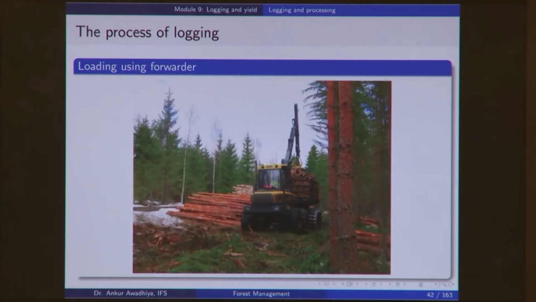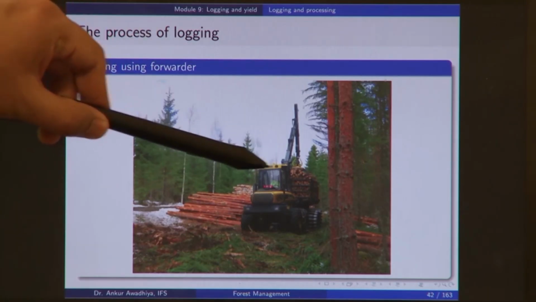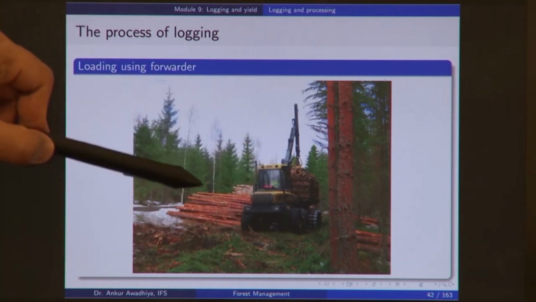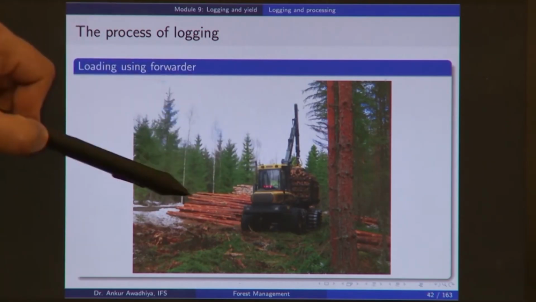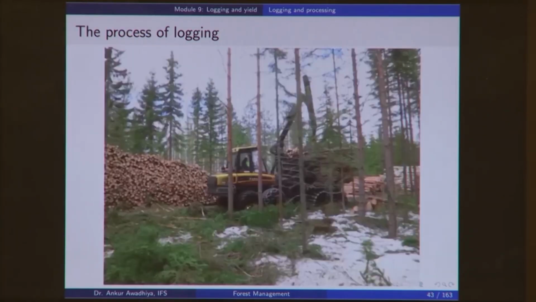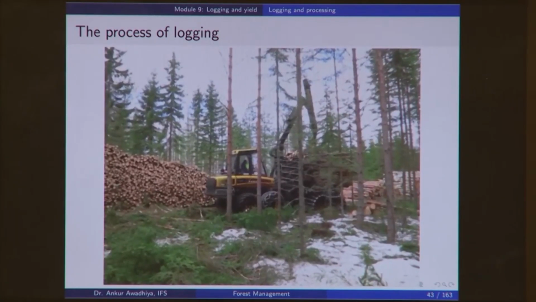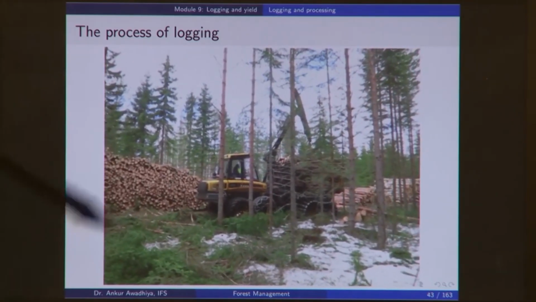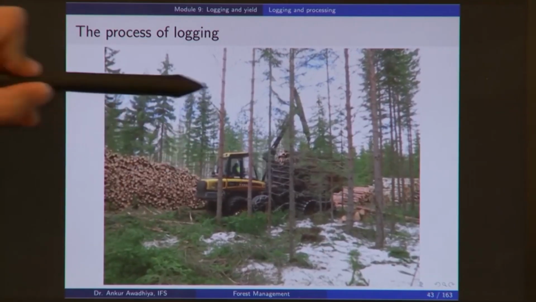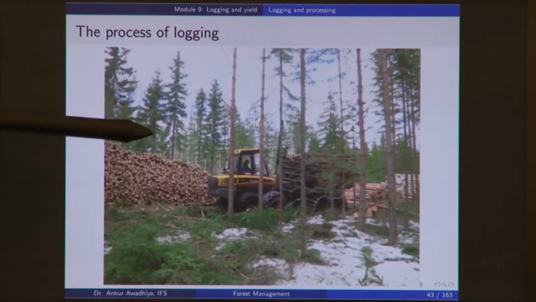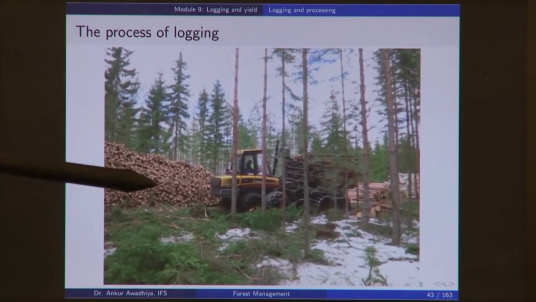It can also be done using a forwarder. Now, a forwarder is a machine in which you have a truck combined with a crane. In this case, this is a landing site, and this forwarder is taking these logs and putting them on itself. This is how a forwarder works. Now, in this case, this forwarder is taking the logs to the depot, taking them out and dumping them on this stack.